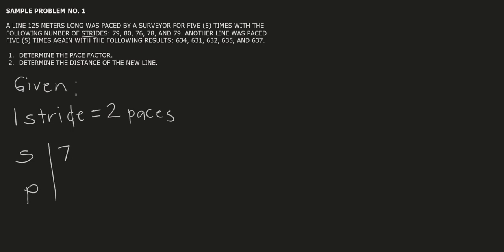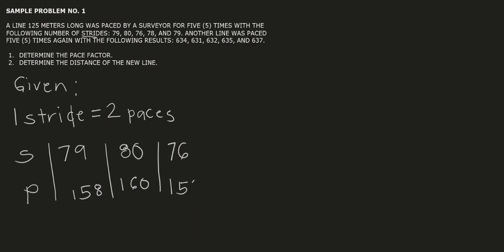First, 79. When we multiply that by 2, it becomes 158. Then 80 becomes 160. Then 76 becomes 152. And 78 times 2 is 156.